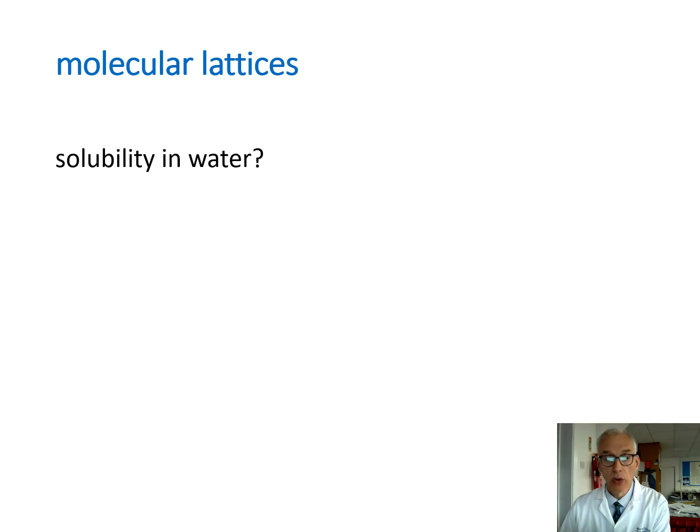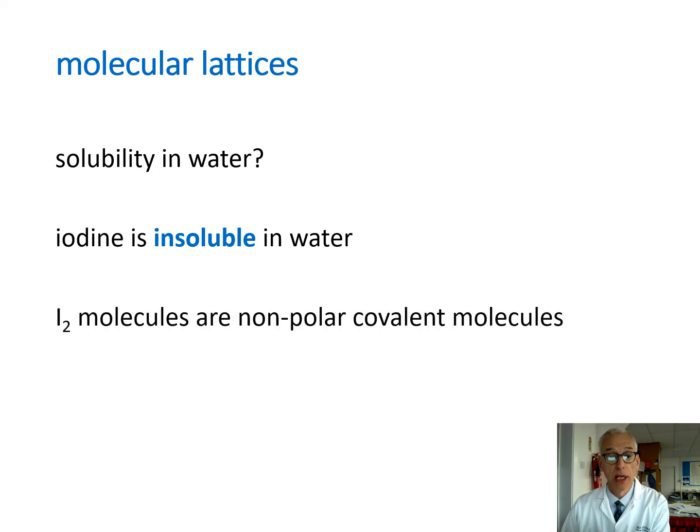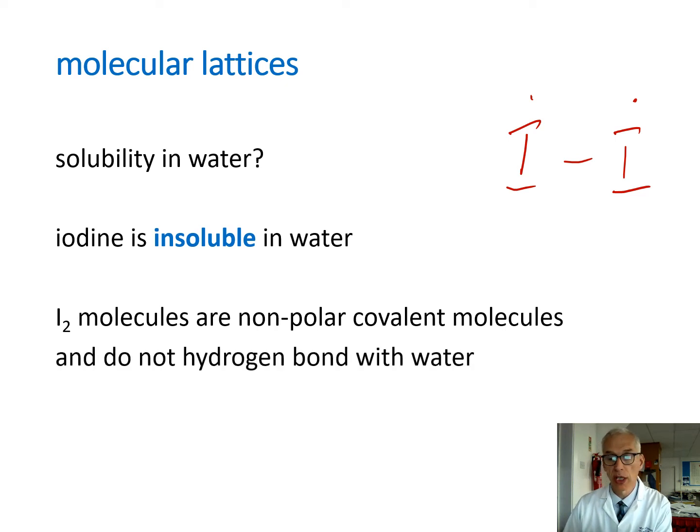Okay, so we need an explanation of the fact that iodine is insoluble in water. Iodine molecules are non-polar covalent molecules. So they are covalently bonded, but because the electronegativity of iodine on the left and on the right are identical, that is a non-polar bond. The interactions with water are very limited.